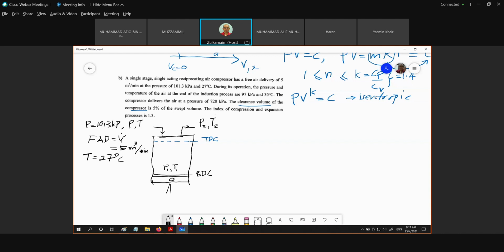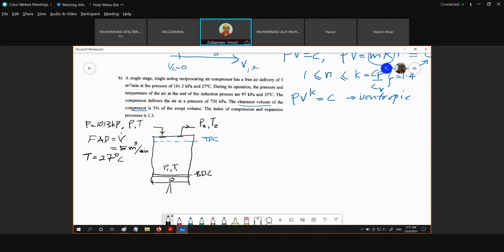And then it says, during this operation, the pressure and temperature of the air at the end of the induction process. You see, that's why I need to sketch the piston's condition at BDC. This is what represents the end of the induction stroke.